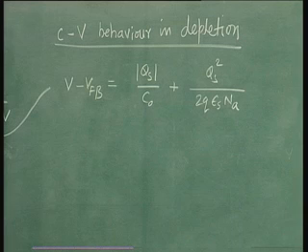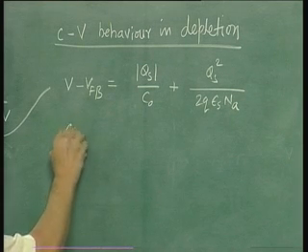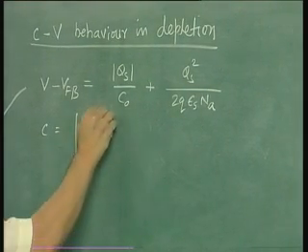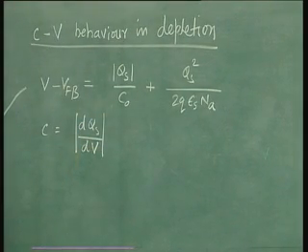Now starting from here, we need capacitance, which is given by d of Qs by dV by our quasi-static approach.